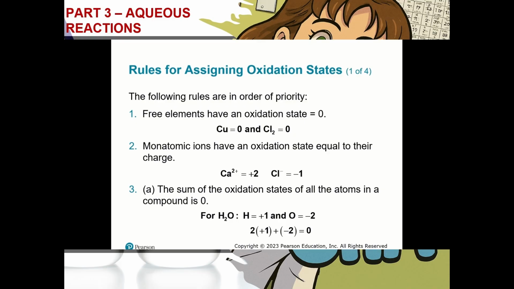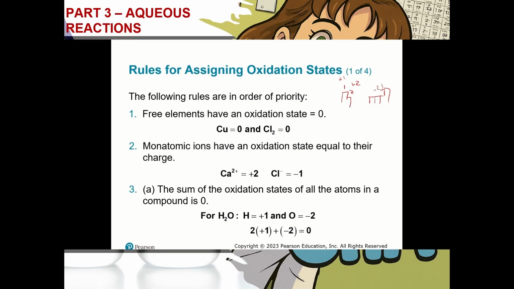Free elements have oxidation state 0, like copper is 0, chlorine is 0. Monatomic ions have an oxidation state equal to their charge. So you know that group 1 and 2 will be +1, +2. And group 17 will be -1, and group 16 will be -2.